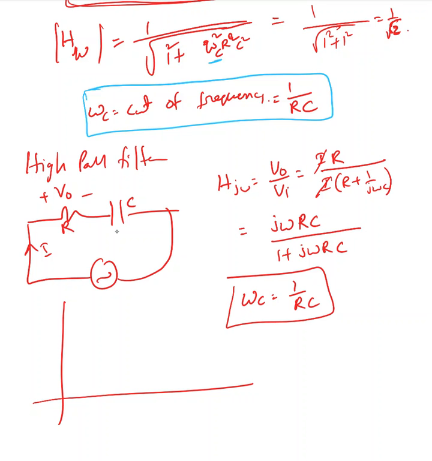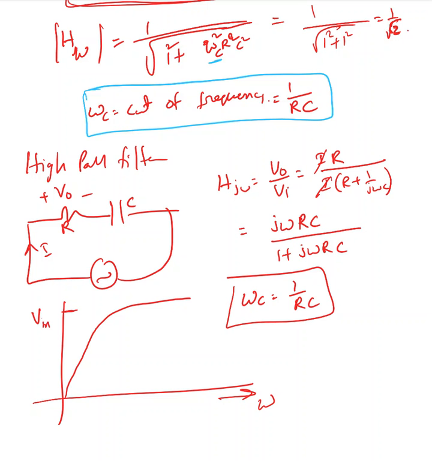In DC, the capacitor acts like an open circuit, so we will see all the voltage drop across the capacitor. So across the resistor it's going to be zero, but as the frequency increases, that's omega, the voltage drop across the resistor is going to increase.